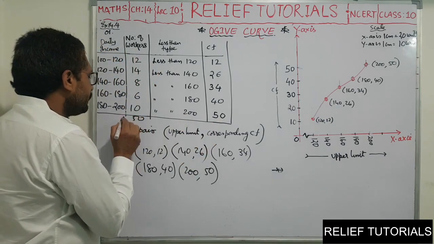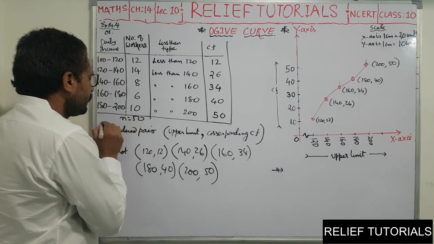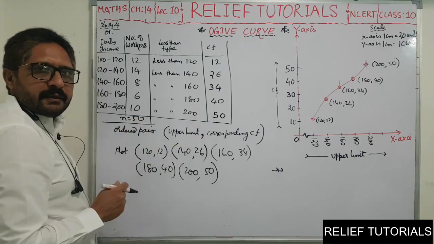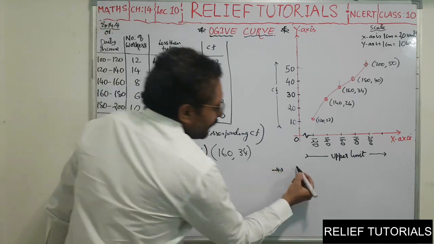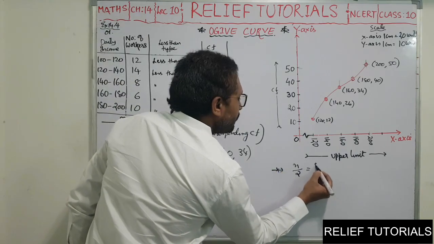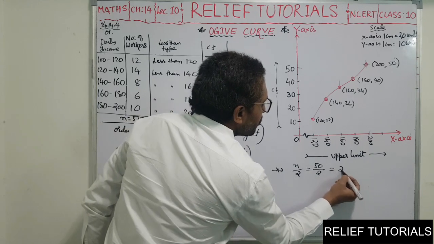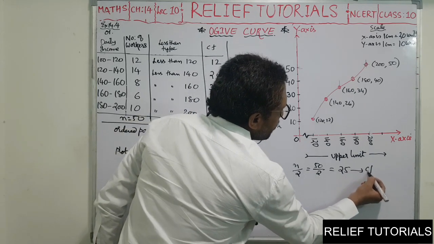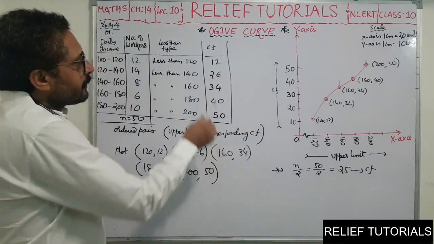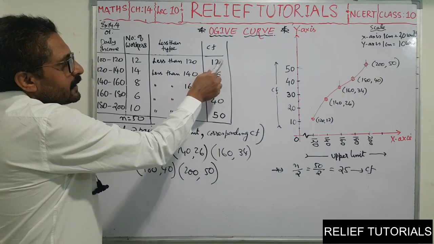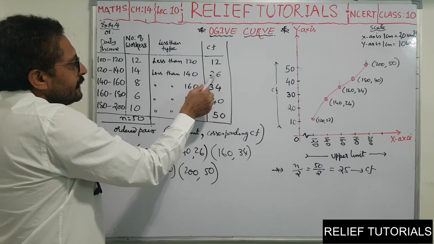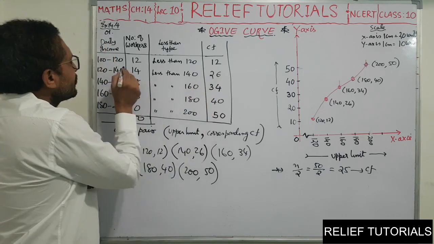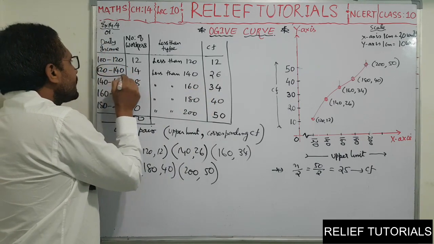Here n is equal to 50. Now, while finding the median class, what you will do? You will do n by 2. So n by 2 means 50 by 2. So that is equal to 25. This 25 will be seen against cumulative frequency. So here you know from 13 to 26. Okay. So 25 will be somewhere here. So this will be our median class.